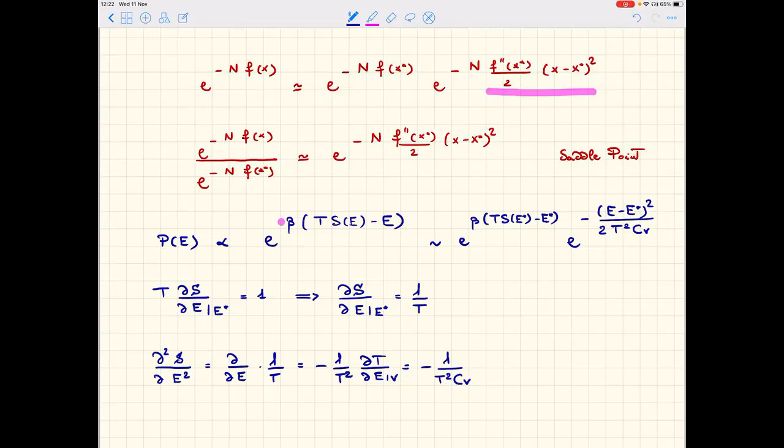E star, by the way, is the average energy, and you see that E star is going to be, of course, extensive, and the width scales like the square root of CV, so like square root of N. Therefore, when you compare the two, you will get that this Gaussian becomes strongly peaked around the average value in the thermodynamic limit. So it's the same story I told you before, told in a different language, looking directly at the probability distribution of the energy.